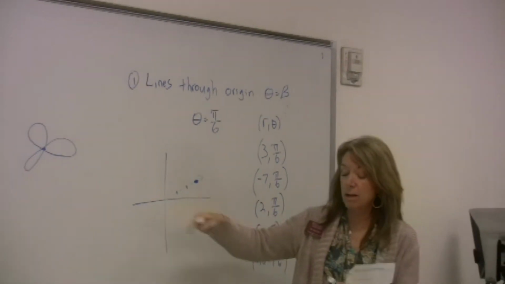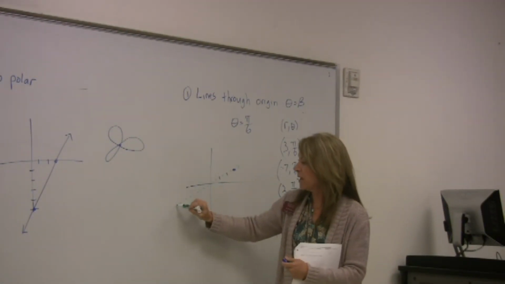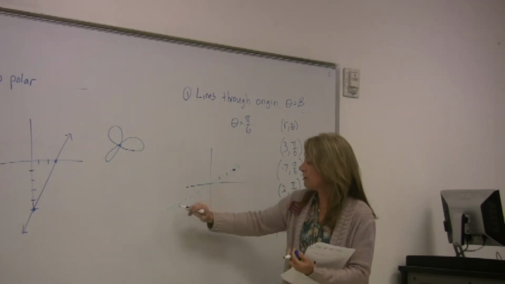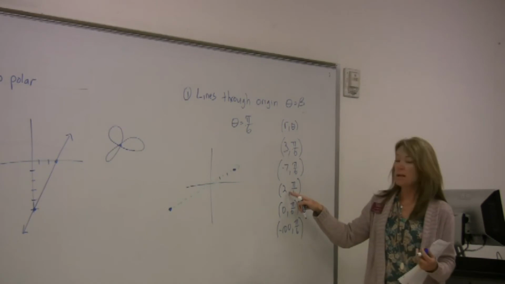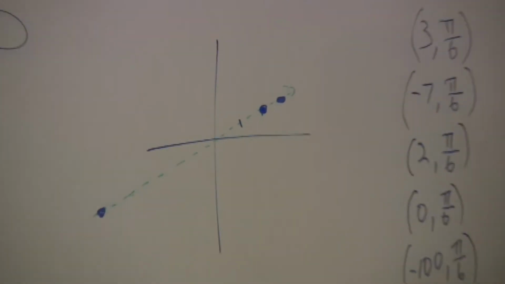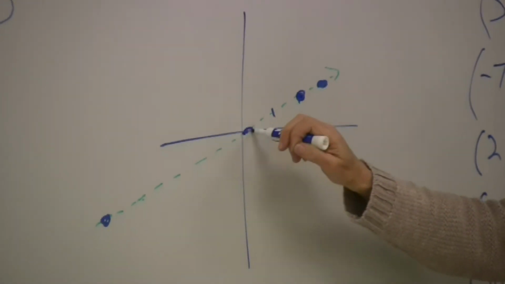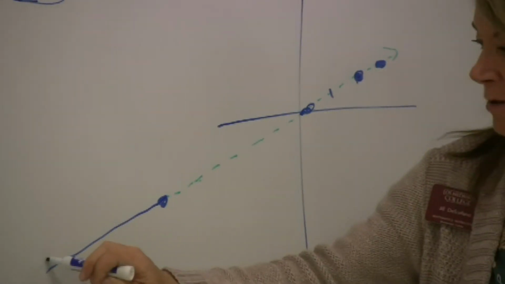I would have to go down this way, go backwards. -7 would be out here somewhere. +2 would maybe be over here. 0 is right there. -100 is down there somewhere. I can't get to there.